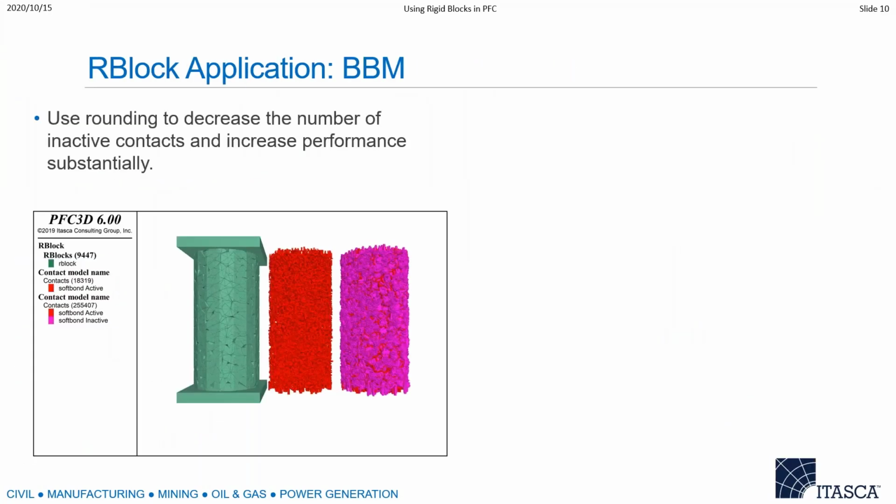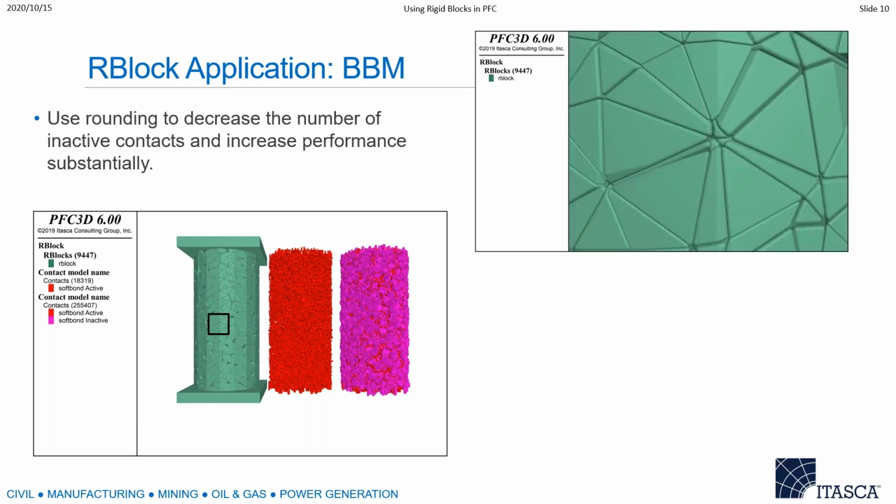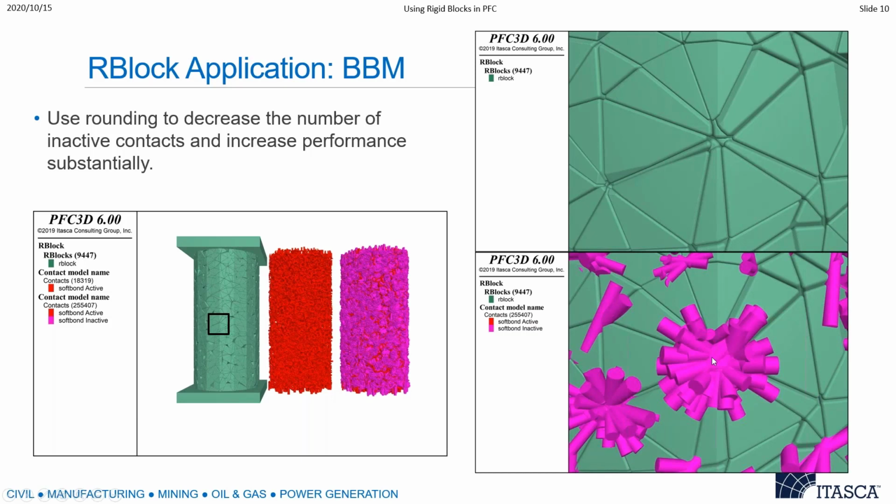So again, as for rounding, I took this slide from another presentation. Here we have 3D examples where we meshed a lab-scale cylinder specimen using tetrahedra. What you can see is that you may have this situation with many vertex to vertex contacts, which create many inactive contacts.